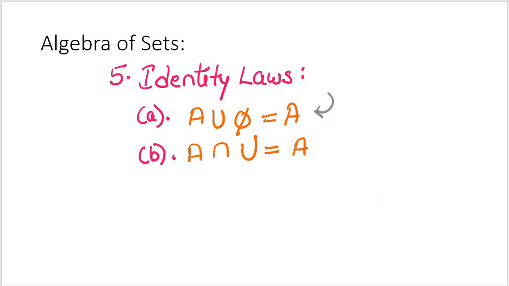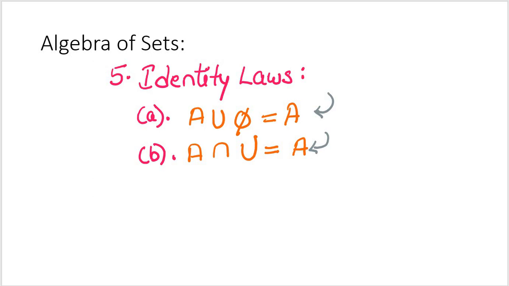So on one side I have null, on one side I have some elements which are there in A, so obviously I'll get those elements which are there in A. On this side I am doing intersection with universal set, so all the elements which are there in A will also be there in universal set. So once again I'll get A only, because I am trying to find the common elements.